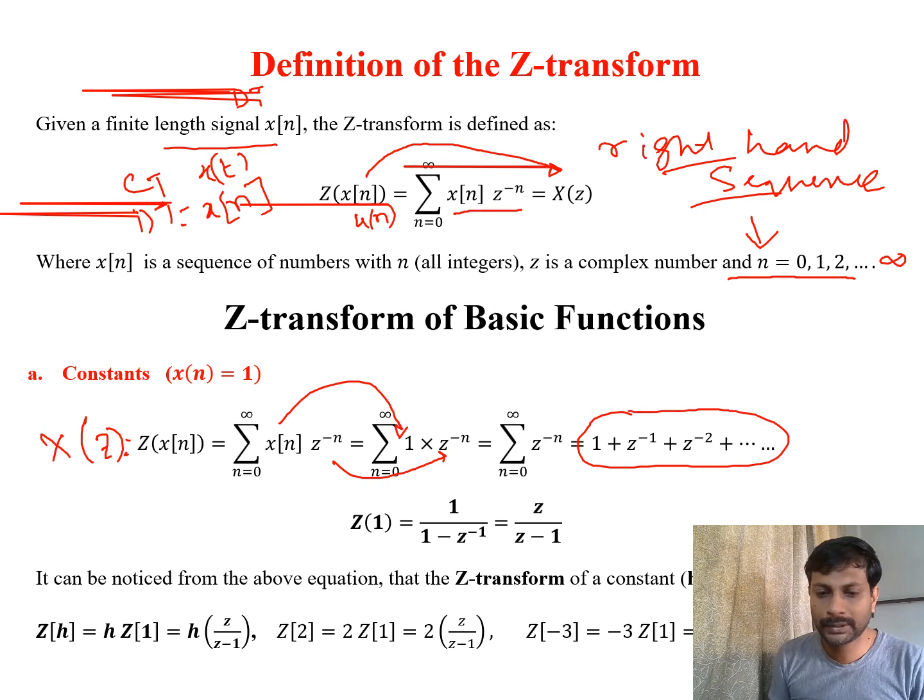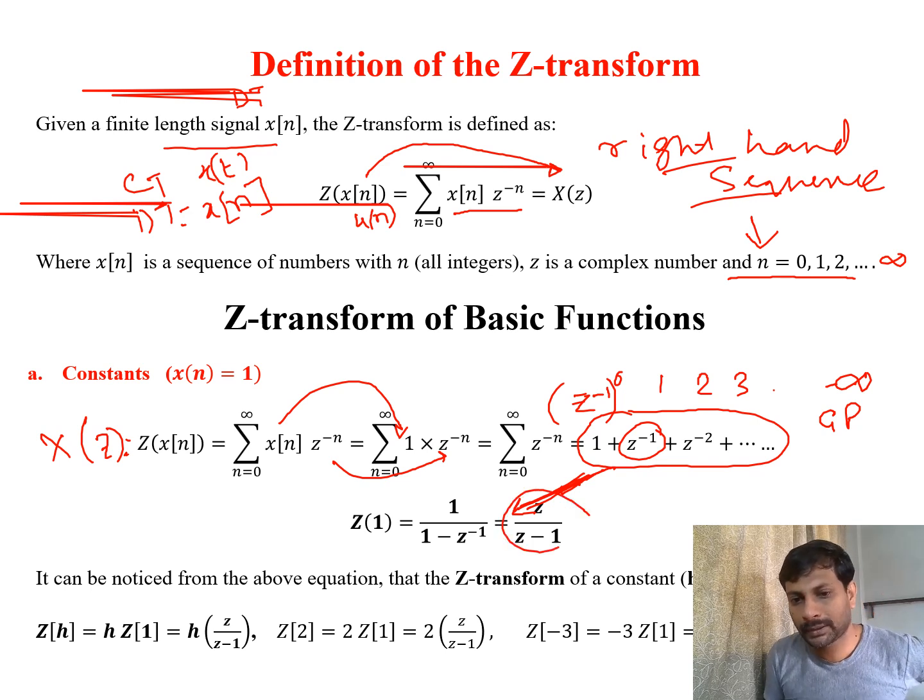For a geometric series, the solution will be 1 by 1 minus z to the power minus 1, because this is a repeating term and consequently the powers are there. The first term is z to the power minus 1 to the power 0, then this is 1, this is 2, this is 3 and so on up to infinity. So this is a GP. We can give the solution as 1 by 1 minus z inverse. This is ultimately given by z by z minus 1. This is the solution.